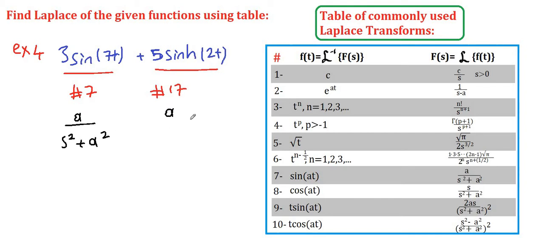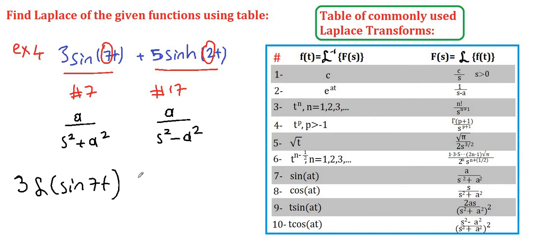Sinh is a over s squared minus a squared. In our case, our a is here 7 and our a here is 2. So we can separate the Laplaces: 3 Laplace of sine of 7t plus 5 Laplace of sinh of 2t.